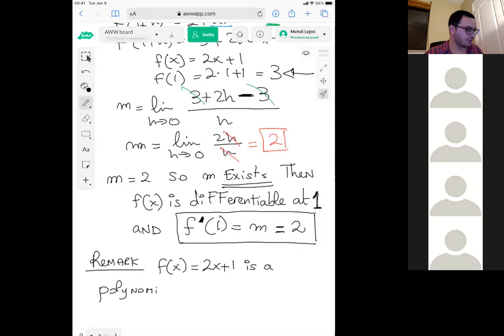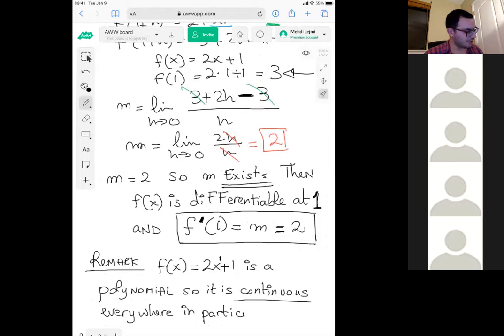So here we have just x power 1. So it's a polynomial. So it's continuous everywhere. Continuous everywhere, right? In particular, of course, at a equal to 1.